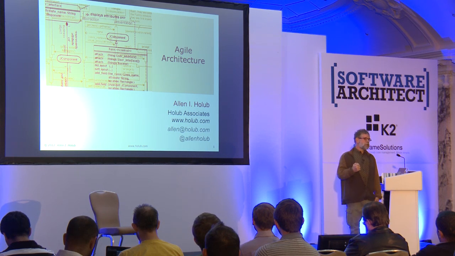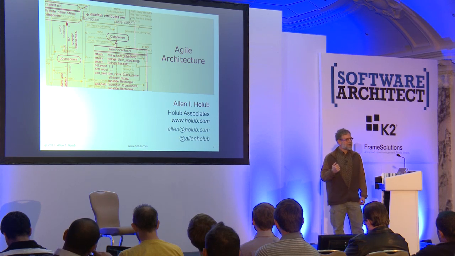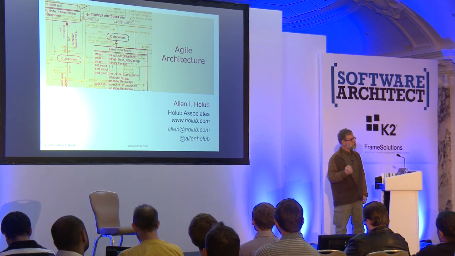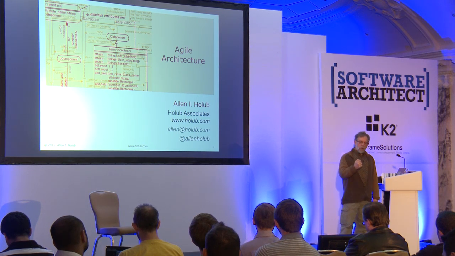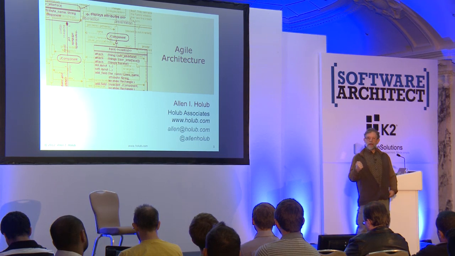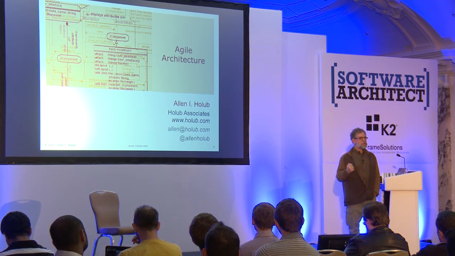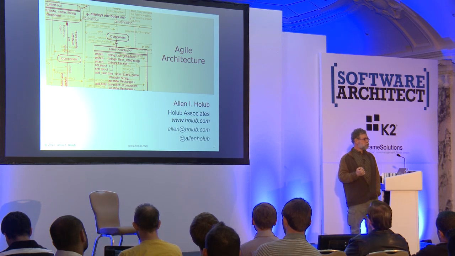So the code is changing constantly, and the code has to be structured in such a way that it can accommodate those changes. So there are two central principles that have to do with that. One of them is most of the discussion that we'll have in the next hour or so in terms of writing code in such a way that it's robust enough to be able to handle the kind of constant change that comes in an Agile world.